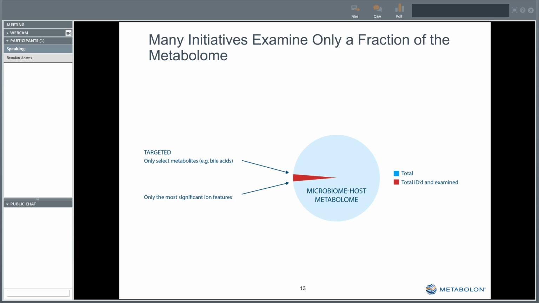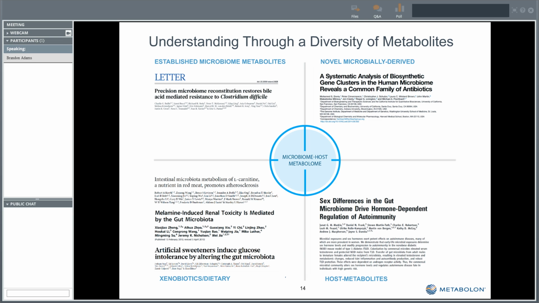The major workflow right now focuses a lot on just a small portion of metabolites, and if I ask you what metabolites you may want to see when it comes to microbiome research, you may probably think about short-chain fatty acids. There is nothing wrong with short-chain fatty acids, but by taking a more targeted approach, it really limited the capacity to decipher the biological story.